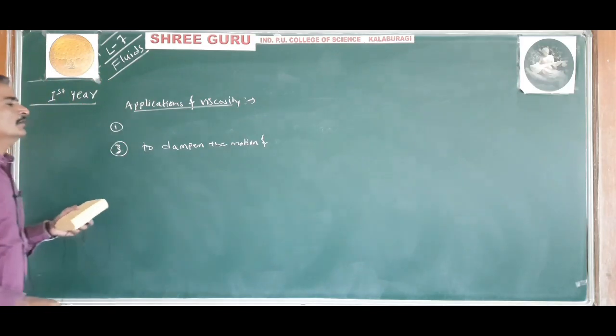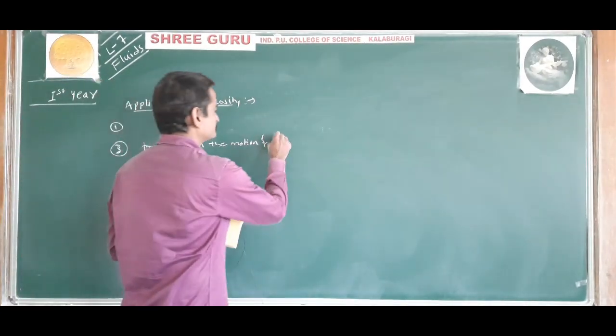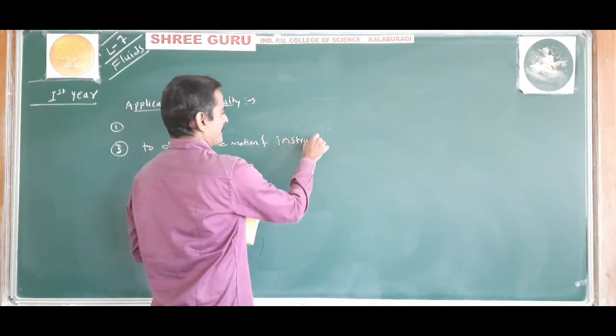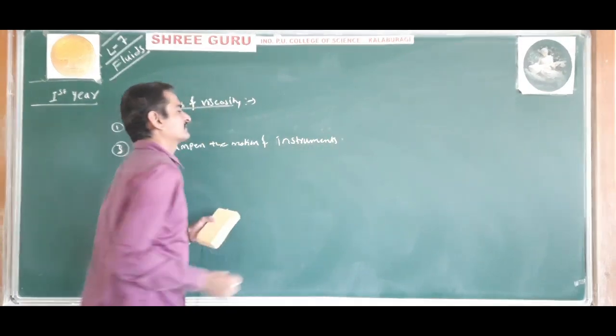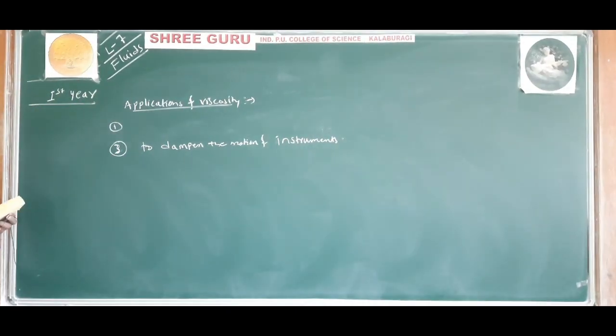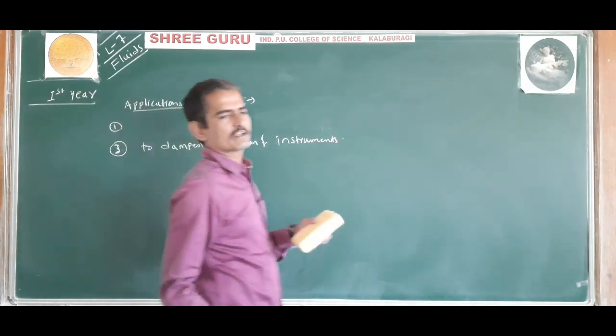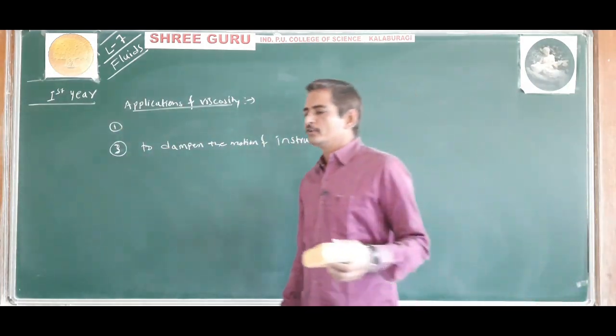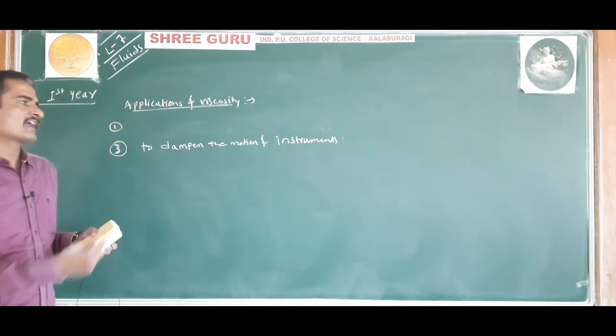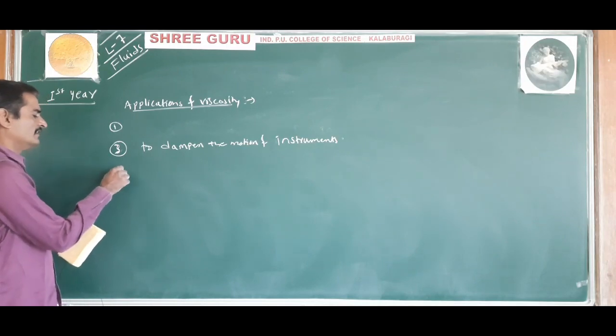To dampen the motion of instruments, that is machines, the viscosity of air or liquids is used.